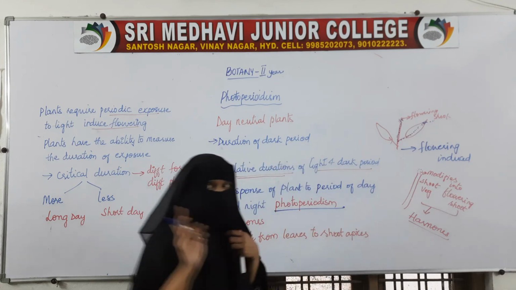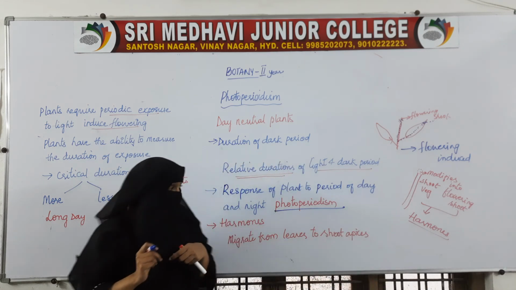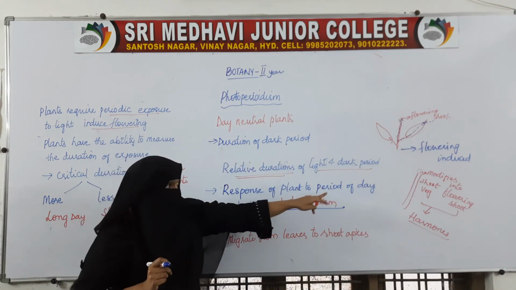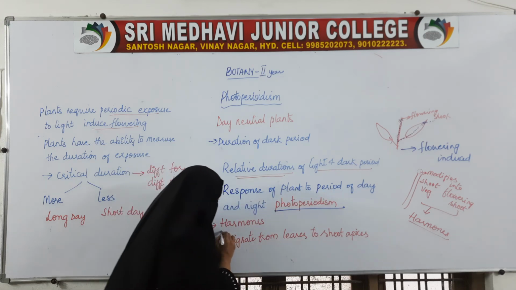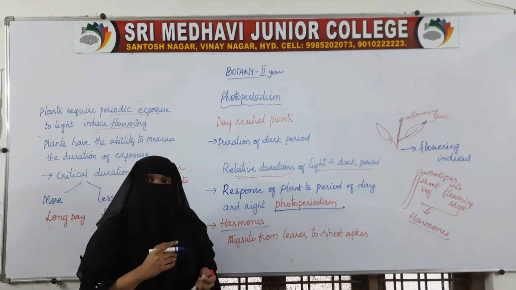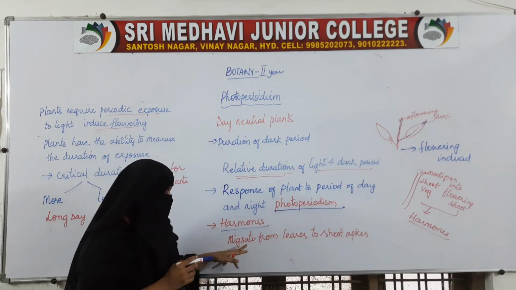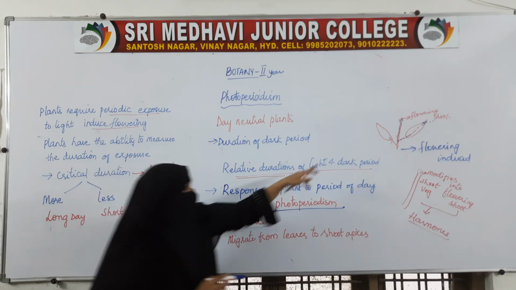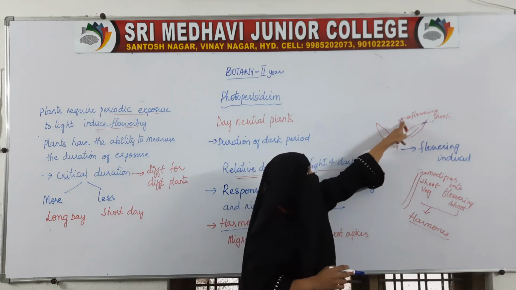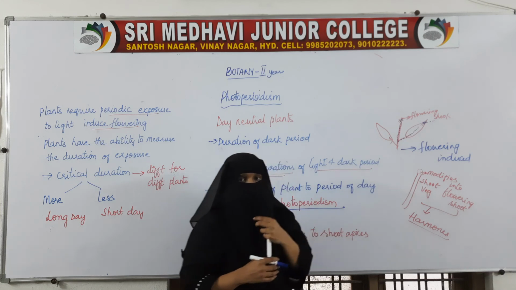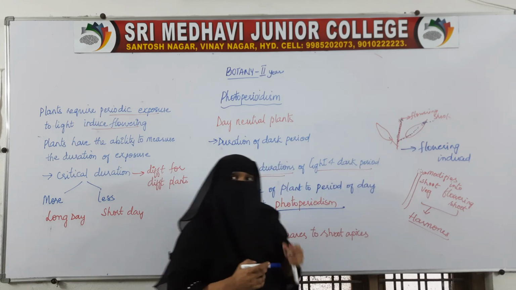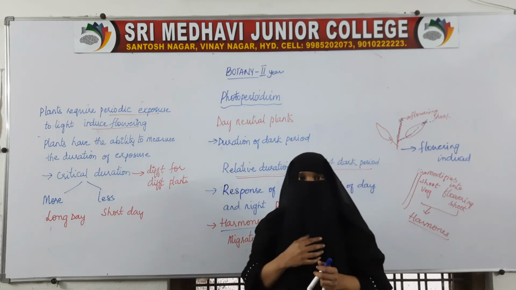So apart from duration of light and dark and the vegetative shoot changing to a flowering shoot, hormones are also responsible for flowering. These hormones migrate from leaves to the shoot apex, where flowers will be produced. So this was about photoperiodism.